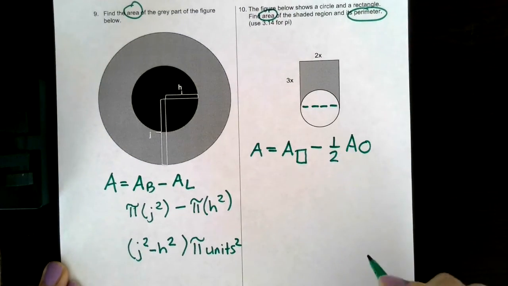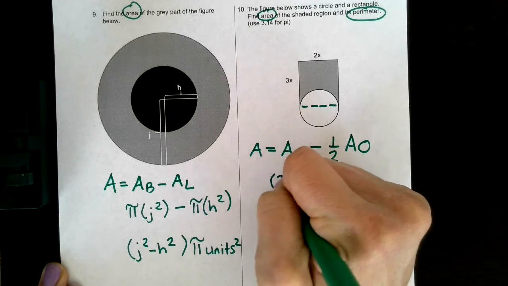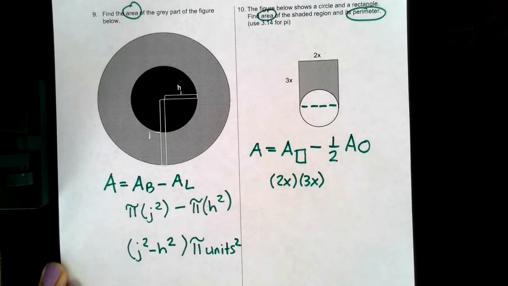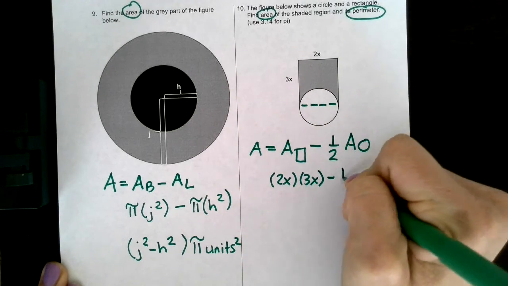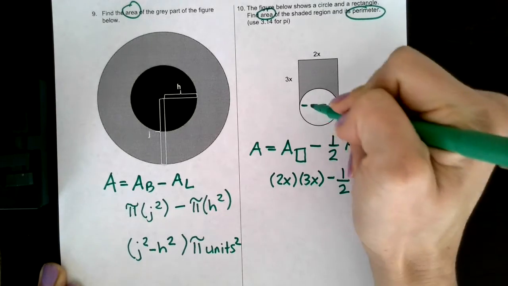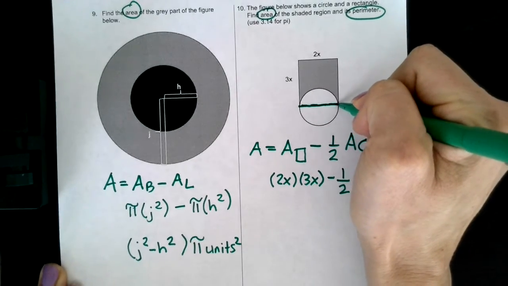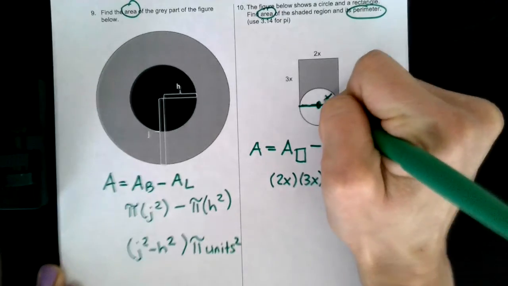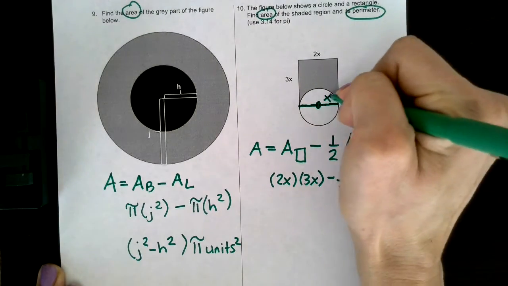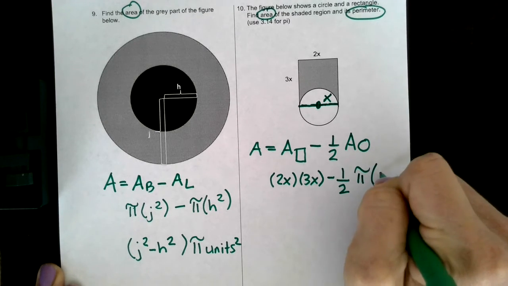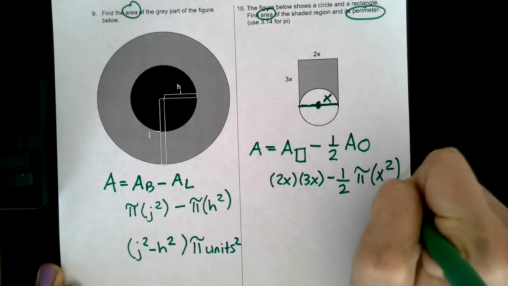For the area of this rectangle, we're going to use the expressions 2x and 3x for our dimensions, and I'm going to take away 1/2 of the area of a circle. Since the full length of the circle, the diameter, is 2x, the radius would be half of that. It would be x. So I'm going to use the formula pi times radius squared, but instead of radius, I'm going to use x squared.